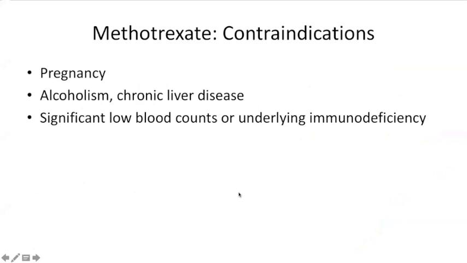And because we know that methotrexate can cause an irritation to the liver, with the elevation of liver enzymes, and sometimes rarely worse side effects to the liver, when someone is an alcoholic or has other known chronic liver disease, it's not recommended to use methotrexate. Or if someone already has very low blood cell counts before starting the medication, or a different type of underlying immunodeficiency, then methotrexate is not recommended.